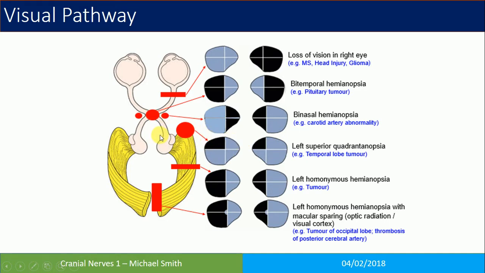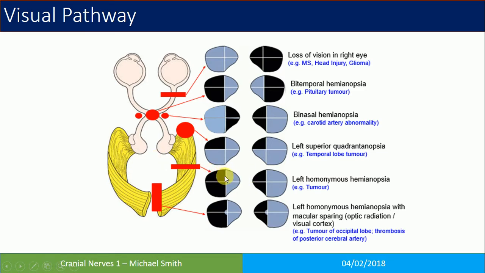And if it's on our right-hand side, well, we've established that our right-hand side is carrying our right retinal fields, which is the left-hand side of our vision. So we'll lose the superior part of the left-hand side of our vision in both eyes, and that's called a left superior quadrantanopia.